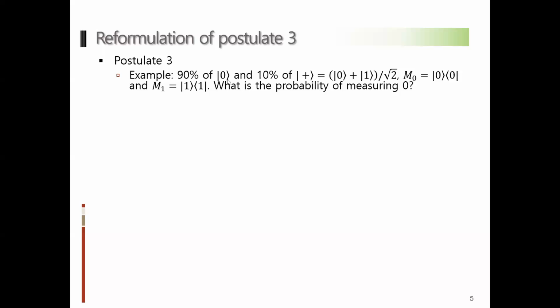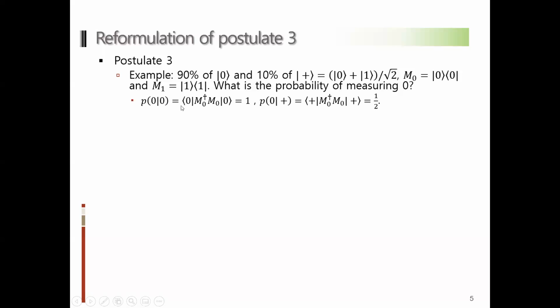Instead of considering that 0 has only 90% chance, just assume that 0 has 100% chance. Or assume that we are given the 0 state. Here I'm using the notation of the conditional probability, because we are assuming that the 0 state is already given, and then what is the probability to measure 0?